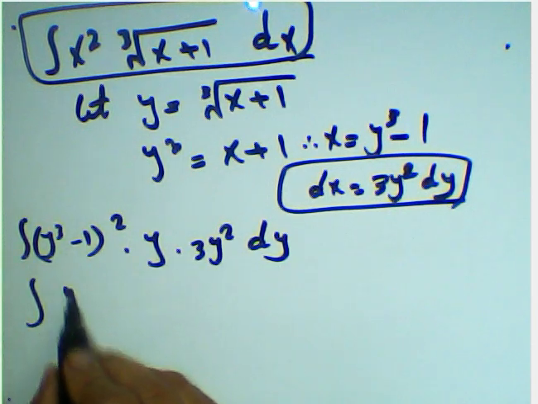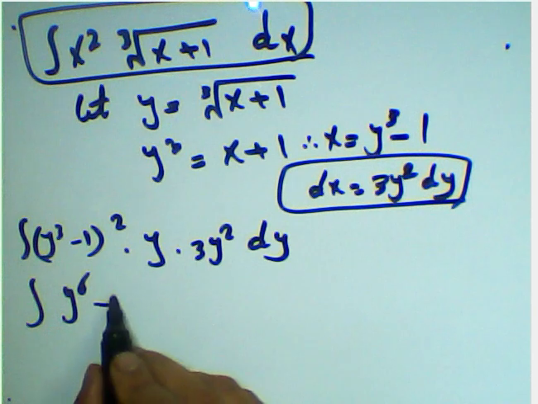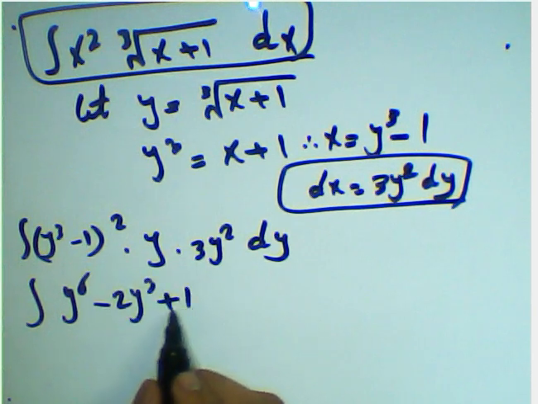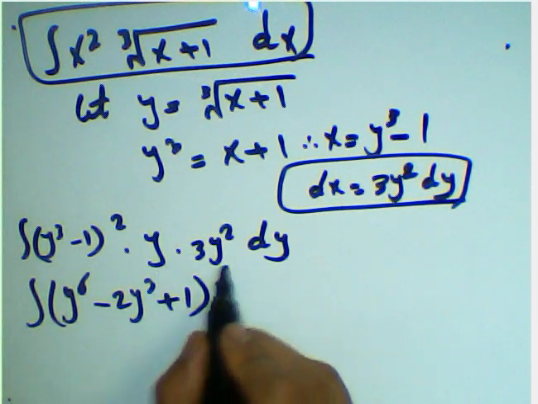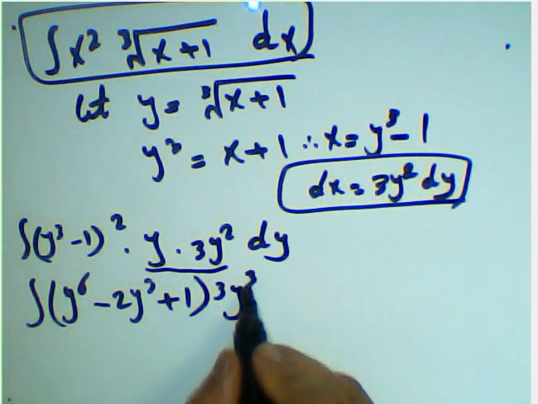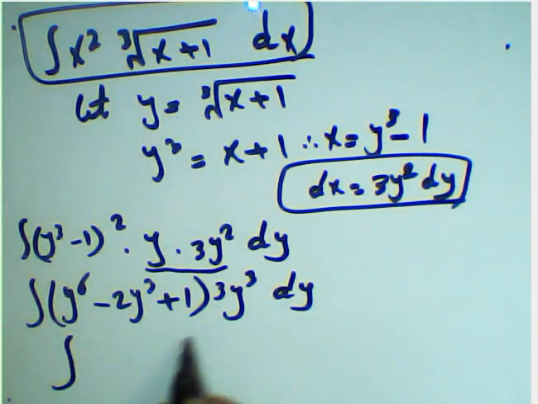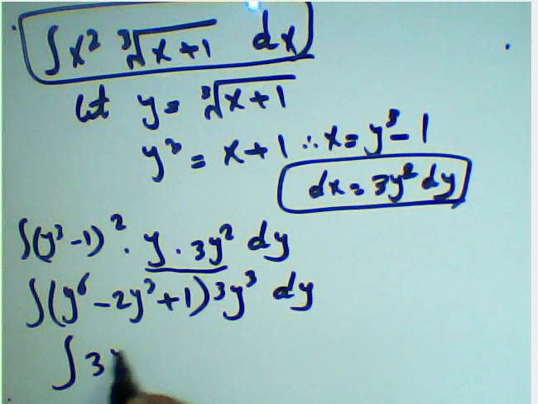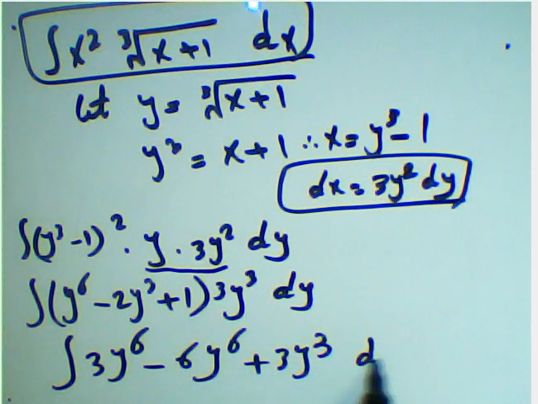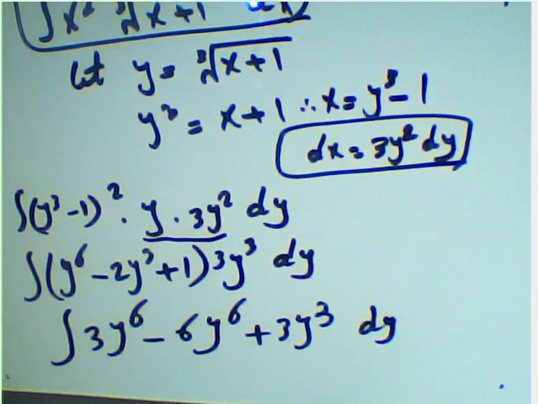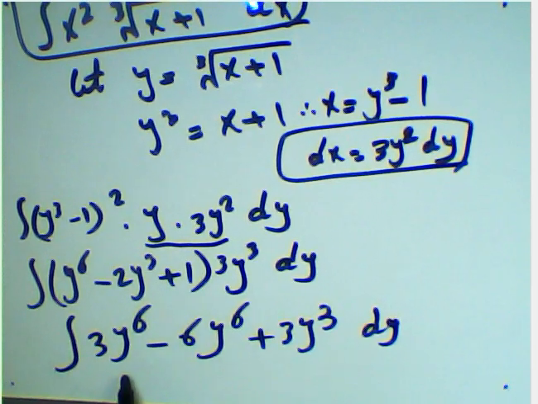Simplify it: y power 6 minus 2y power 3 plus 1, multiplication by 3y power 3 dy. Integration: 3 times this function, it would be 3y power 9 minus 6y power 6 plus 3y power 3 dy, and then you can add 1 to the power and divide by the new power.